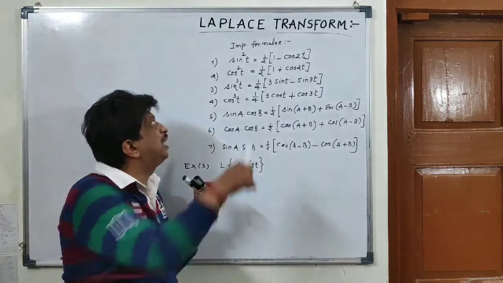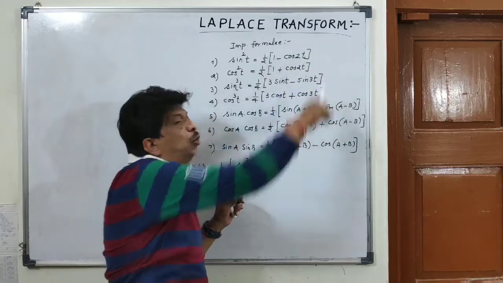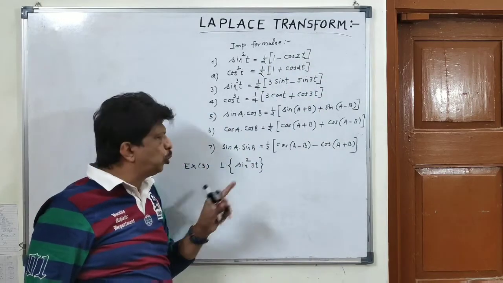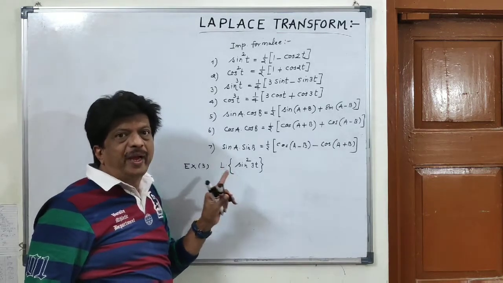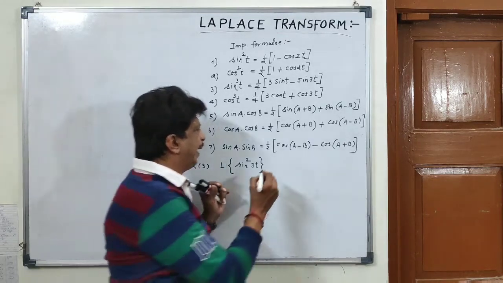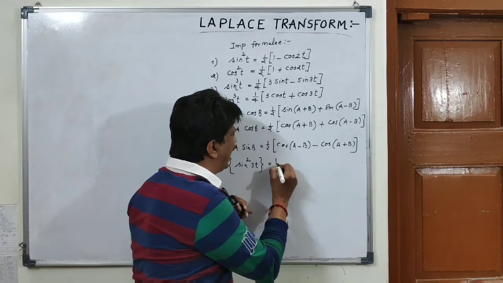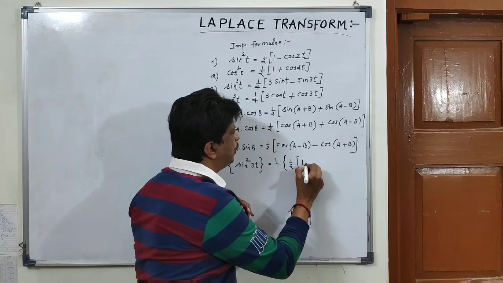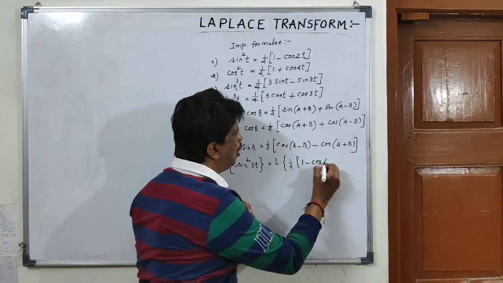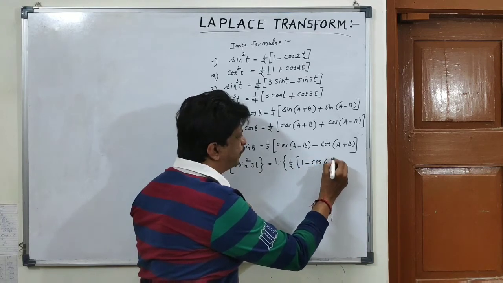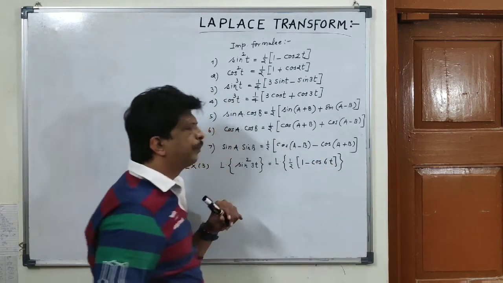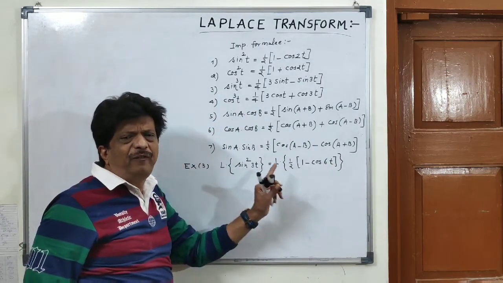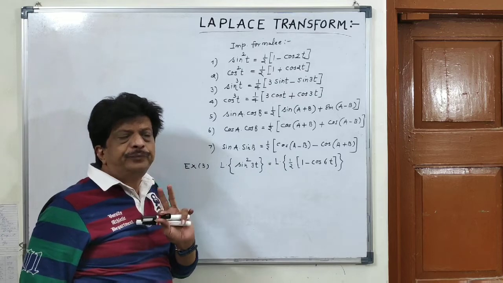Perhaps we can deduce this sine square function into some linear function in trigonometric form. So, sine square of 3t can be written as 1 by 2 times 1 minus cos of 6t.